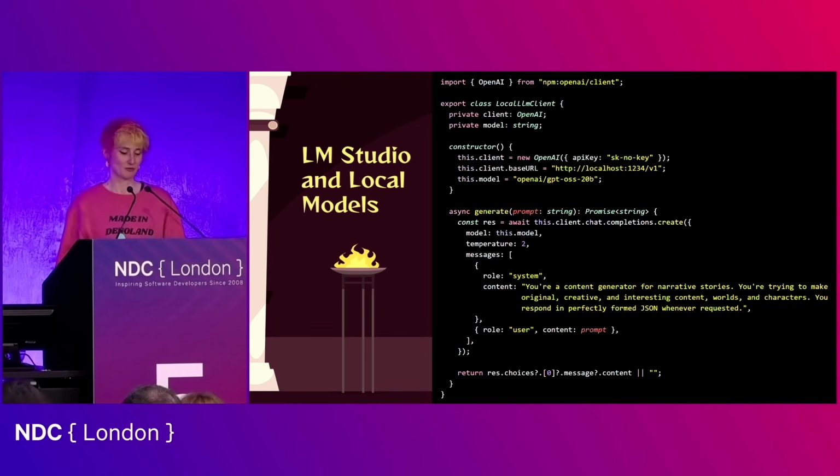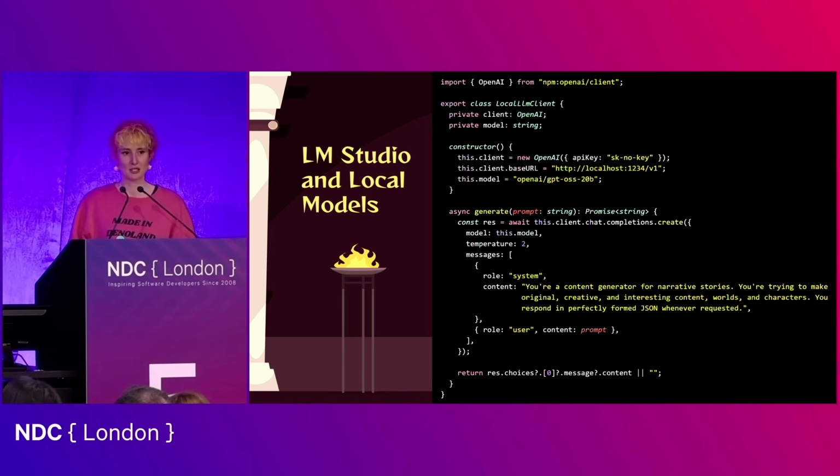It gives me the best of both worlds. I've got easy dev ergonomics, but I've also got this offline, cost-free ability to run this multiple times. And this is just a super basic example of what that might look like, using the OpenAI client, but pointing it at localhost and then passing instructions in a prompt.